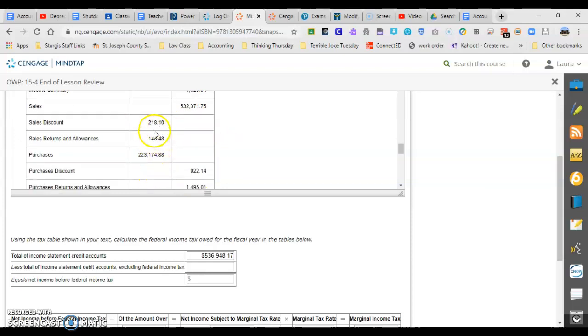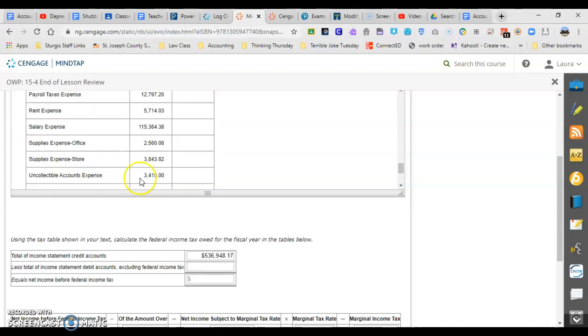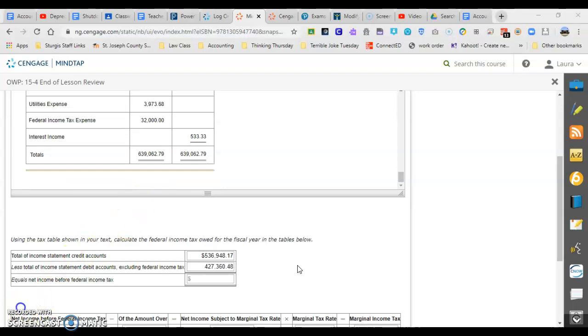So I'm going to add up all the debits here, including the expenses, except I'm not going to add in the federal income tax expense, because we're trying to calculate our federal income tax and how much we owe based on our net income. So we're not going to include that yet. We've prepaid 32 grand. Okay, so this is our revenue accounts, or our credits, income statement credit.